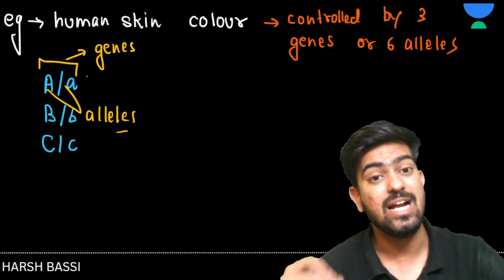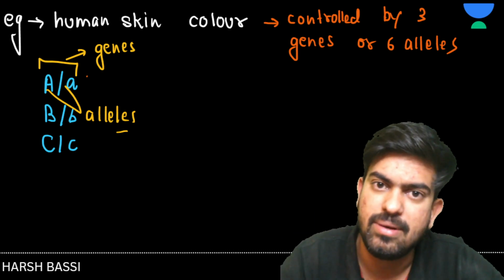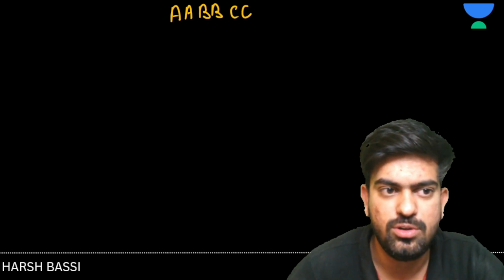Now let us understand this human skin color in much detail. Let's understand this with the help of a cross. Let's take a full dominant one, AA, BB, and CC. Yes or no? This is a full dominant one.